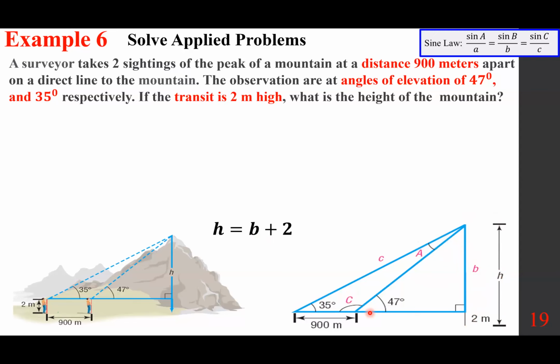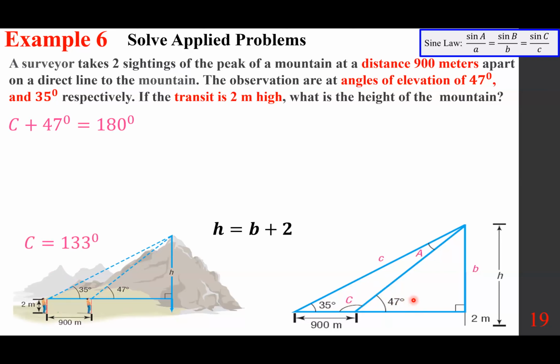I hope you realize this is a line, a straight angle, 180 degrees. So we can find this angle to be 180 minus 47 degrees. So take a look at this one. C, the angle C with 47 degrees must be 180.